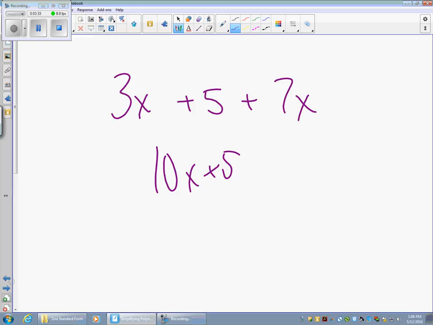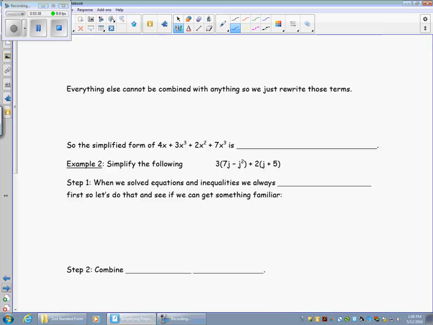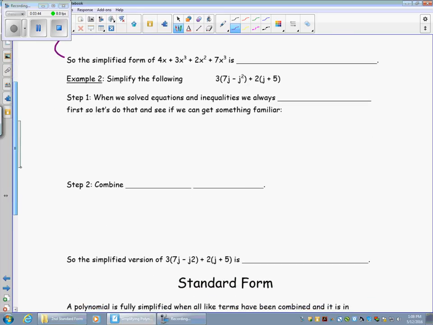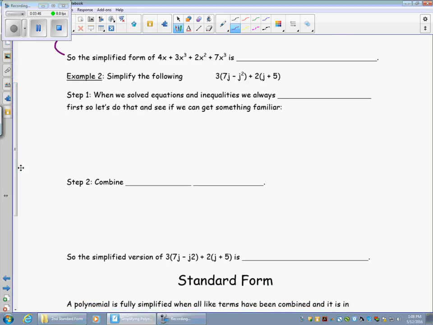All right, so on the next page, I have us doing example 2. We've already done this. This is the last example. Example 2, though, says simplify the following. Now, a lot of people, when I say draw those lines down, do it right away. You need to do something first. When we solved equations and inequalities, we always distributed first.